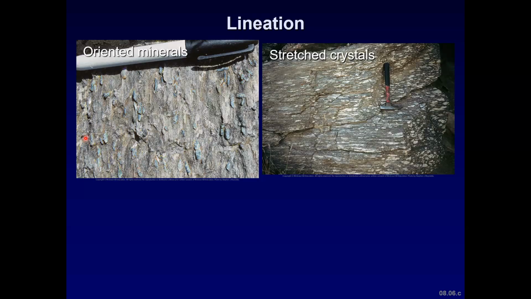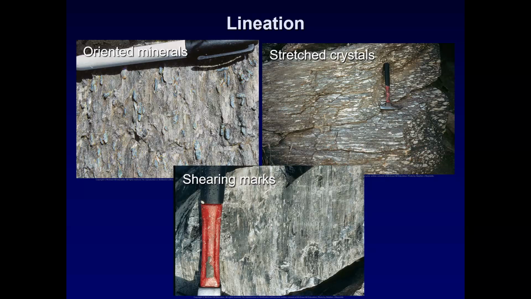You could also see lineation in terms of stretched crystals. That's where these long axes of feldspar crystals are stretched out in a horizontal direction. Or with shearing marks, these minerals were actually smeared out during metamorphism. So these are linear features.